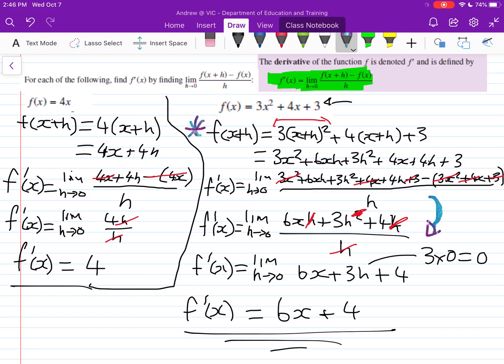Simplify, and then hopefully you'll be left with just some terms with x or h, or a constant. Then you put your limit as h approaches 0 to get rid of all the h terms, and that will leave your final derivative. So hopefully this helps with finding the derivative by first principles, and good luck.